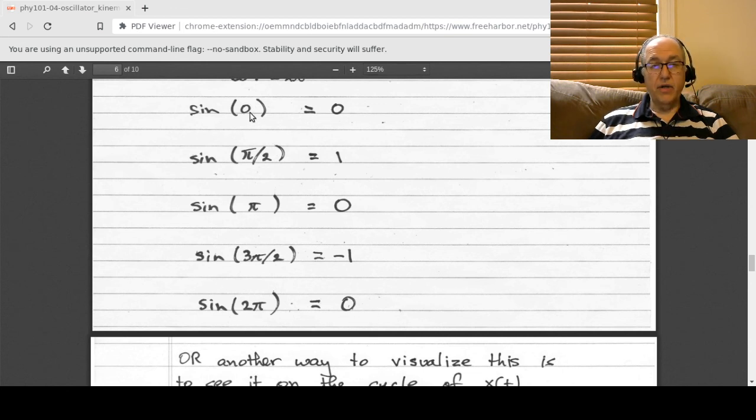So notice the pattern here: 0, and then a quarter of the cycle later, plus another quarter of the cycle, plus another quarter, plus another quarter. You go from 0 to 1 to 0 to -1 to 0. So these are good numbers to memorize. I didn't put the degrees here, but they're obvious. This would be 0 degrees, this one would be 90 degrees, this would be 180 degrees, there's 270, and there's 360. So an aside, worth memorizing because you're going to see this come up over and over and over again.